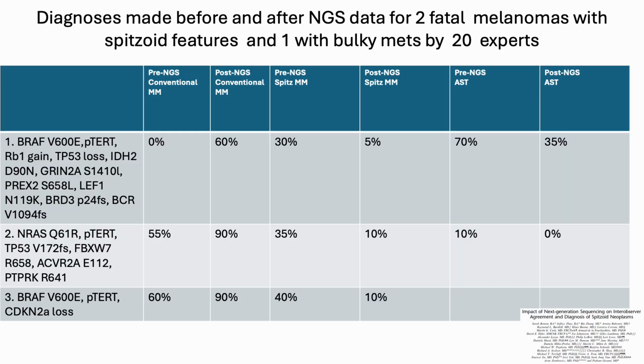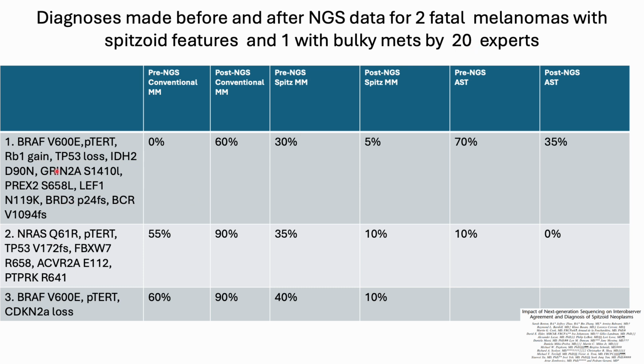So this is a very interesting study in which 20 experts were asked to categorize H&E virtual slides from cases with spitzoid histologic morphology, and they were blinded as to the clinical behavior and blinded as to the molecular information.